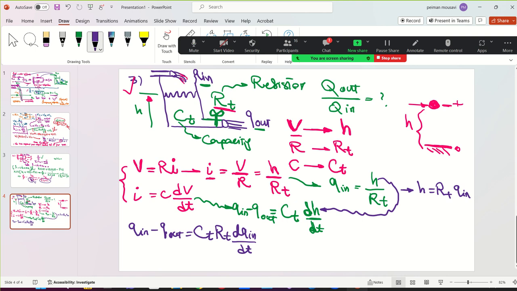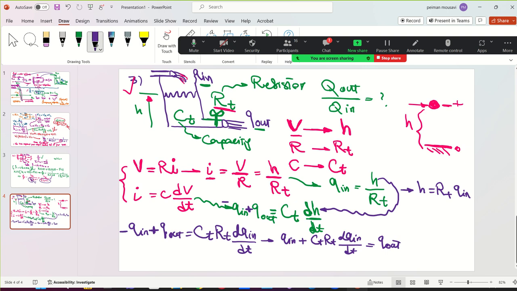You got it, everyone? Actually, it must be Q out minus Q in. Sorry guys, Q out minus Q in, the net flow. If you move to the other side, you have Q in plus CT RT DQ in over DT is Q out.